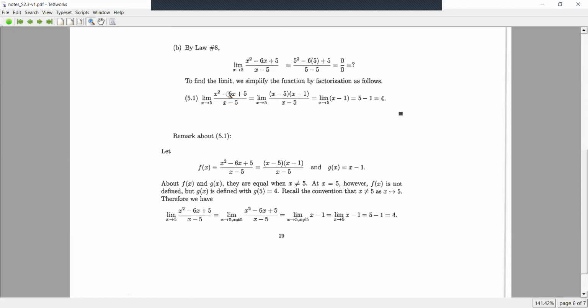Then this function is simplified as x minus 1. So this limit is equal to this limit. Now, how to find this limit? Direct substitution. Plug in 5 in x, then we get 5 minus 1. It is 4. So 4 is this limit.